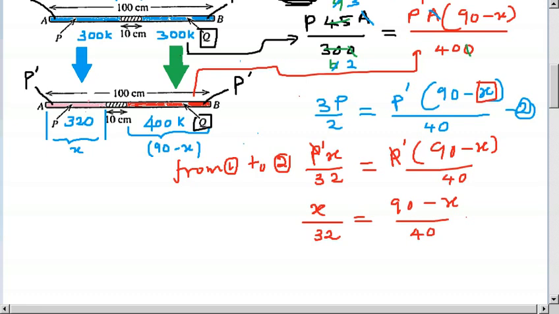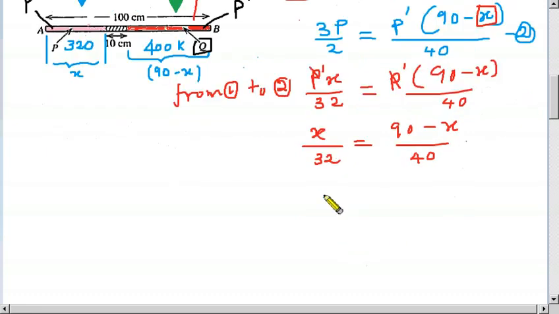So we can divide by 8: 32 divided by 8 is 4, 40 divided by 8 is 5. Then cross multiplication: 5x equals 4 times 90 minus 4 times x.